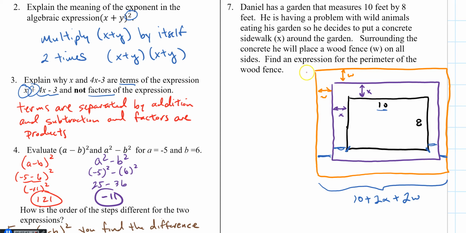And then we do the same thing for the other direction. So from here all the way down to there. So again, this side started with 8 plus an x, so that's 8 plus 2x, and then we have w and a w, so that's plus 2w.